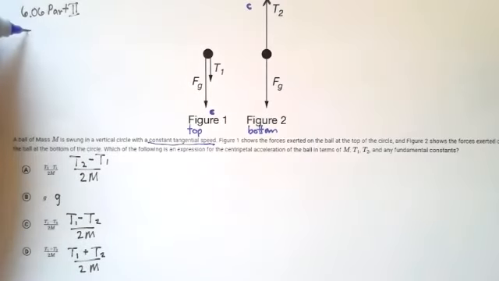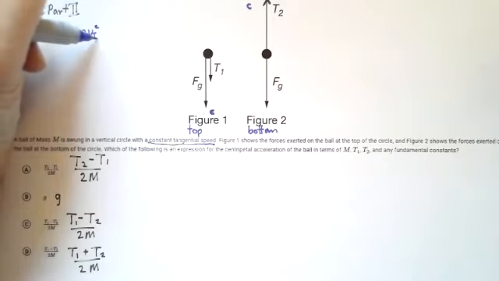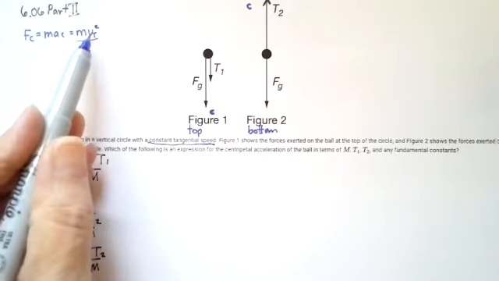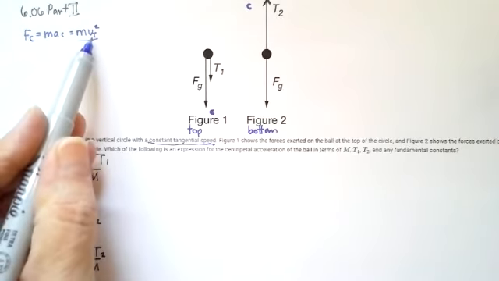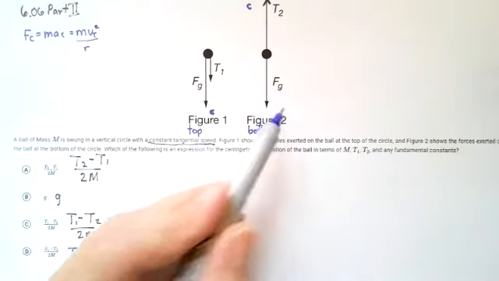So we know that FC is equal to MAC, or equal to M tangential speed squared over R. The mass isn't changing, the radius isn't changing, the tangential velocity isn't changing. That means I have to have the same centripetal force here as I do here.